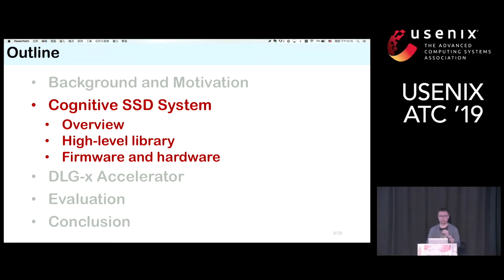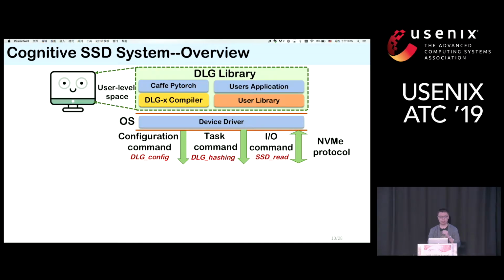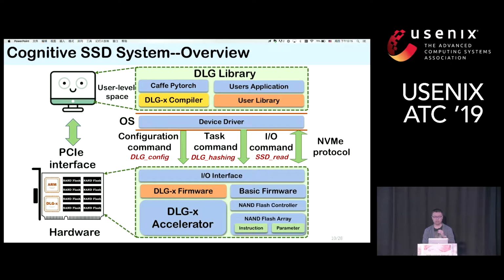Next, I will explain how to deploy Cognitive SSD system. The Cognitive SSD system contains 2 parts. The DLG library running on the user level space is responsible for controlling and communicating to the Cognitive SSD. Based on the NVMe protocol, we provide the configuration command DLG config to configure the DLG-X accelerator and the task command such as DLG hashing to generate the hash code of input data.